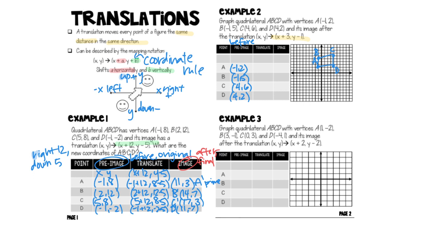Alrighty. So to each of my x values here, I'm going to be adding 3, and to each of my y values, I'm going to be subtracting 1. So I want you to go ahead, pause the video, and try to come up with these image points on your own.